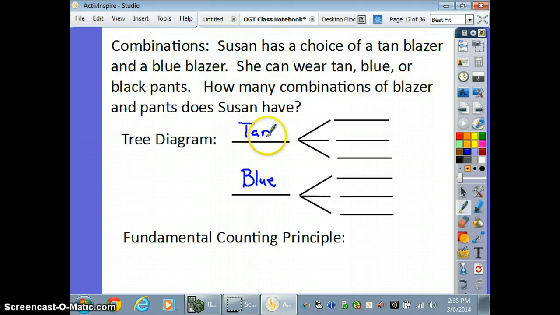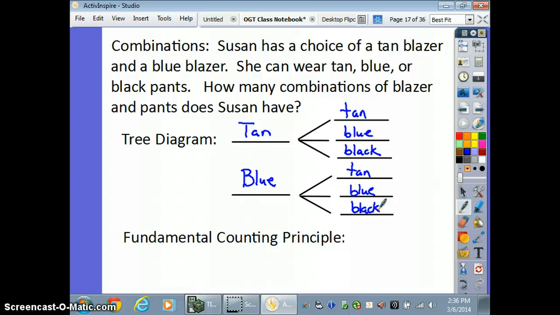Tan blazer, blue blazer. Now the pants. They come in tan, blue, or black. Tan, blue, black. Tan, blue, black. I think I have seen that on there before where they ask you to do a tree diagram.